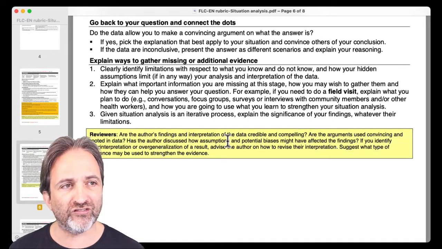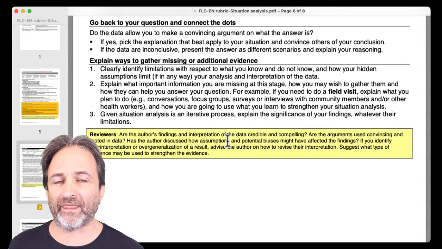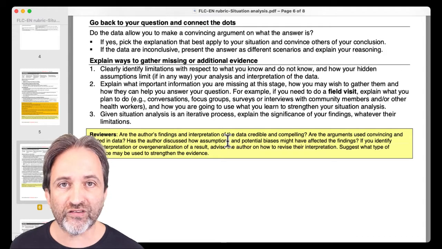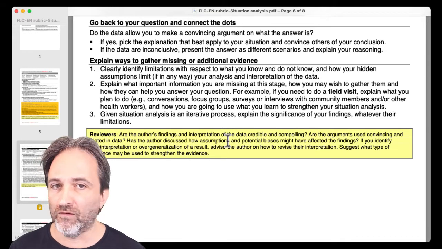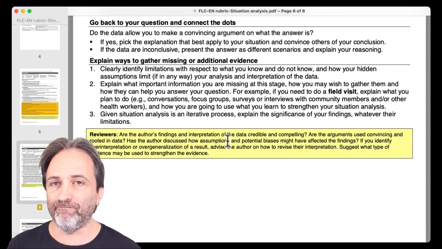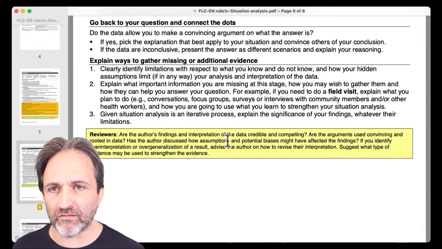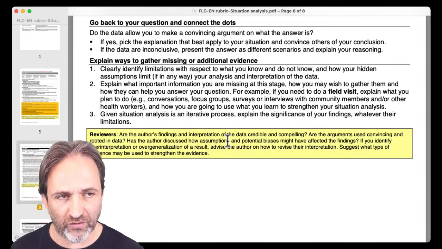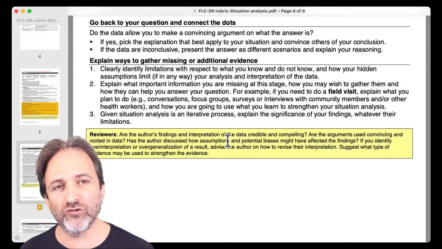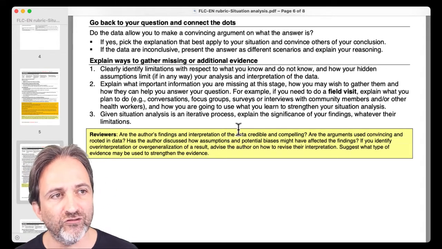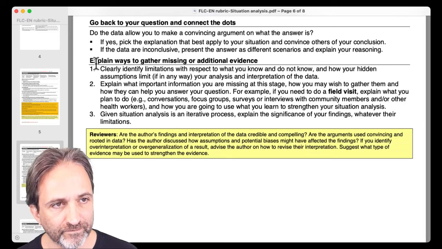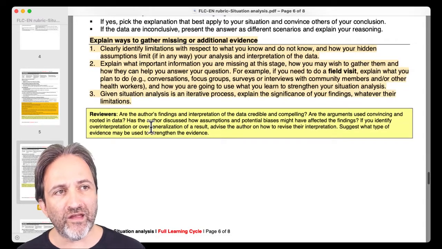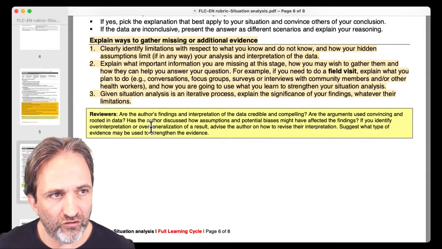sort of open questions. And probably when you're describing what next steps should be taken, some of those steps should be about improving the quality of the answer that you're able to bring, and maybe additional data sources, additional steps. That's why we include that next step section. But right now you're dealing with your key findings. Now, here you can see that it's about explaining ways to gather missing or additional evidence.